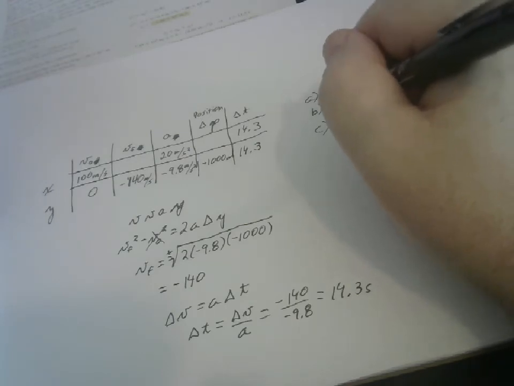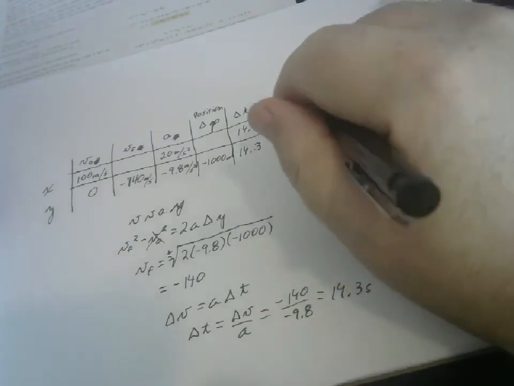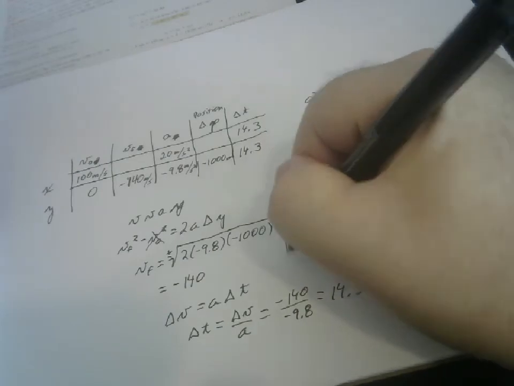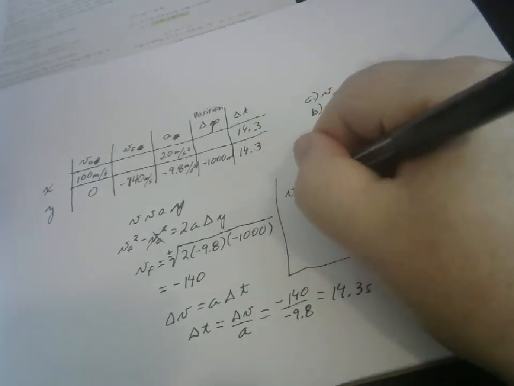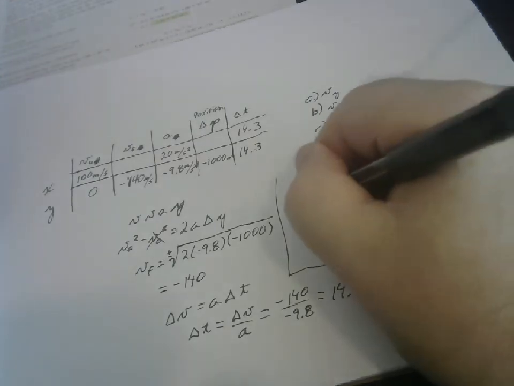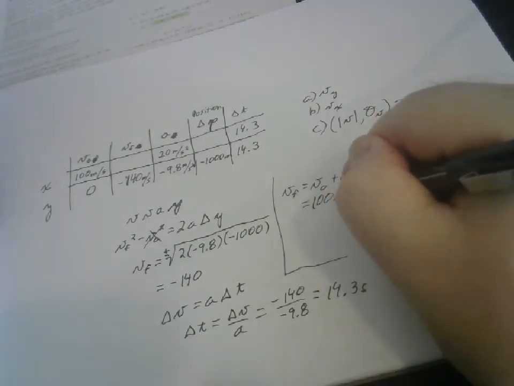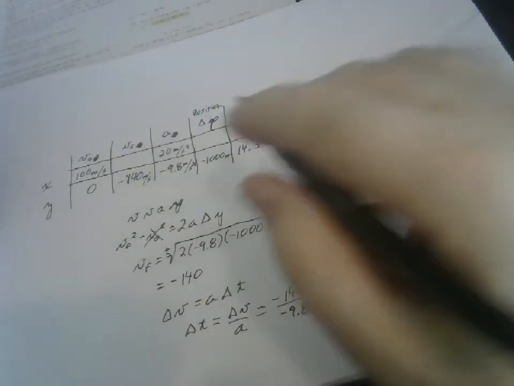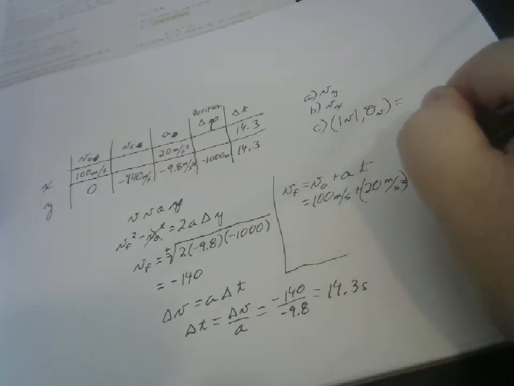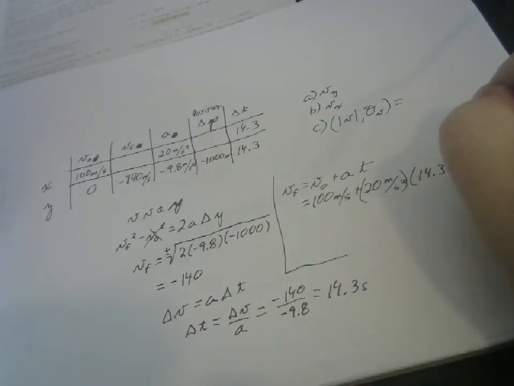And we want to know how fast this guy is going after 14.3 seconds. So v final equals v sub naught plus acceleration times time, which is going to be v sub naught is 100 plus our acceleration of 20 meters per second squared times our time of 14.3 seconds.